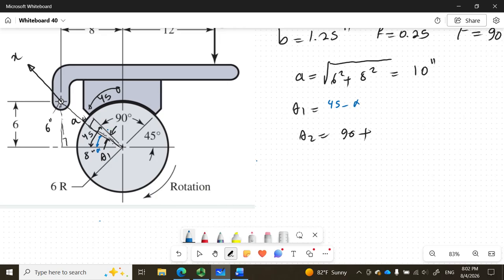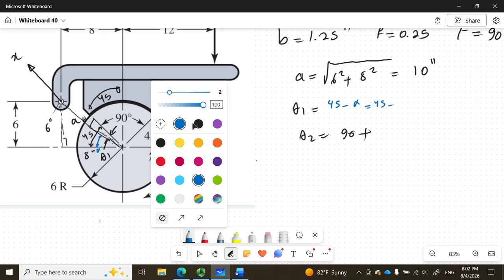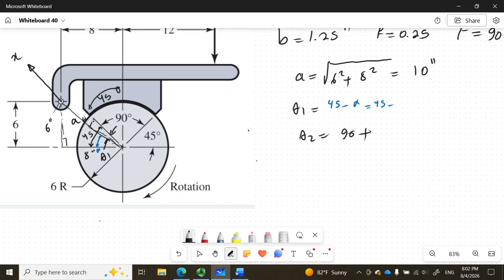Yeah, theta 1 is 45 minus alpha, and then alpha is arctangent of, okay, let's look at here.